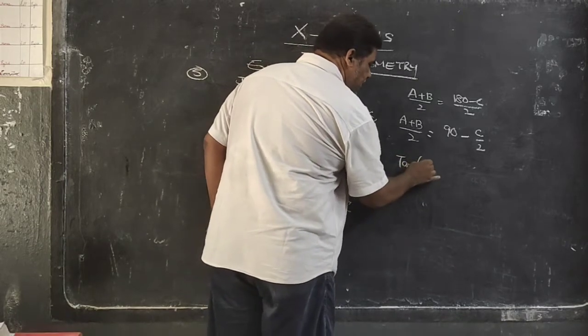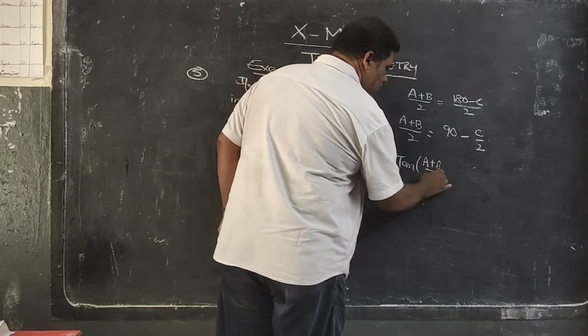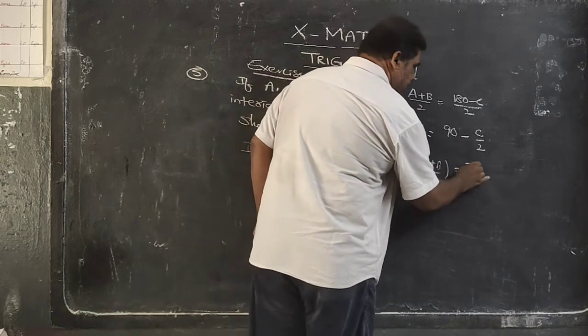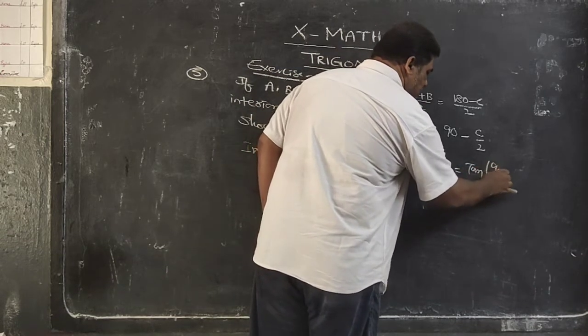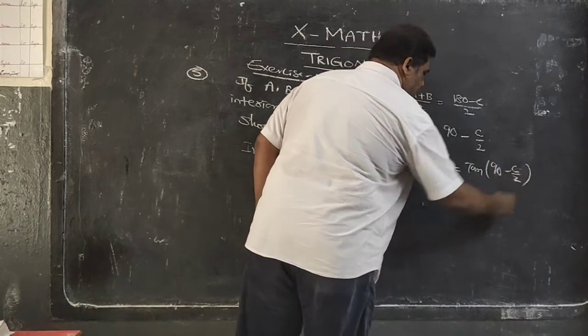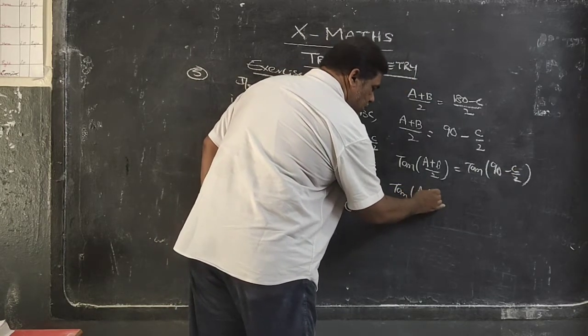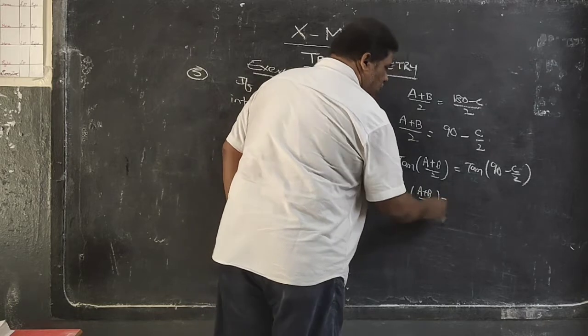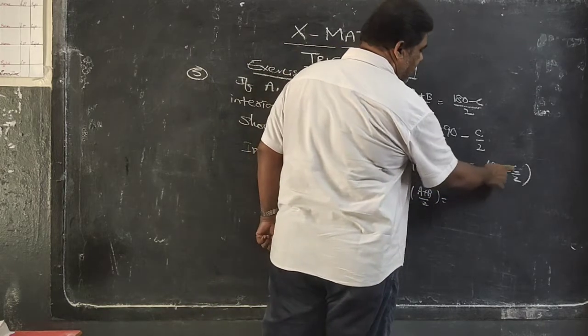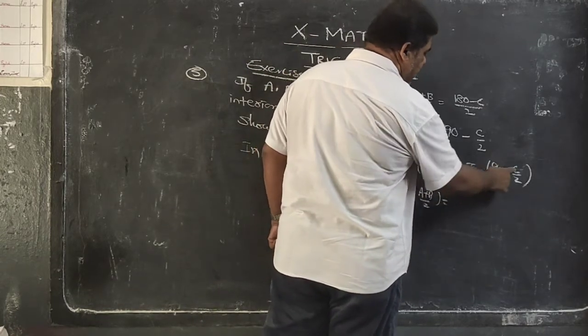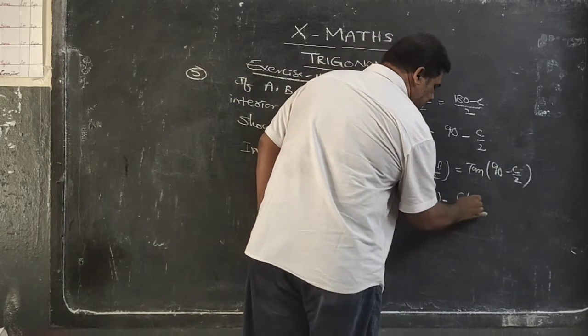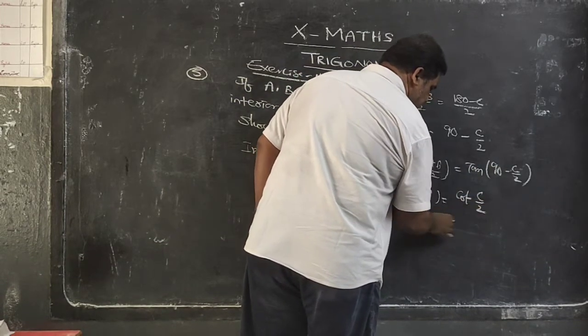So tan((A plus B) by 2) is equal to tan(90 minus C by 2). Now this is in the form of the tan(90 minus theta) formula. Tan(90 minus theta) is cot theta, so it will be equal to cot(C by 2).